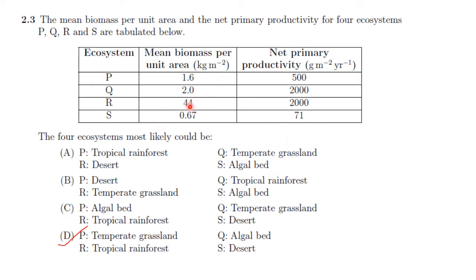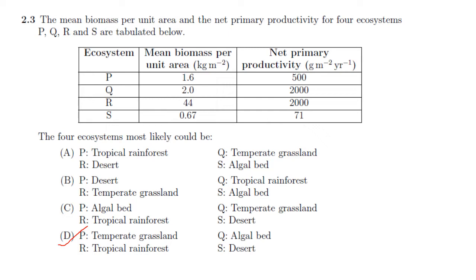So naturally that must be tropical rainforest and this must be the algal bed. So R is tropical rainforest. Yes, option C, R is tropical rainforest, as well as option D, and Q is algal bed. So option C can be ruled out because Q is temperate grassland, but actually it will be algal bed. So option D will be more correct.